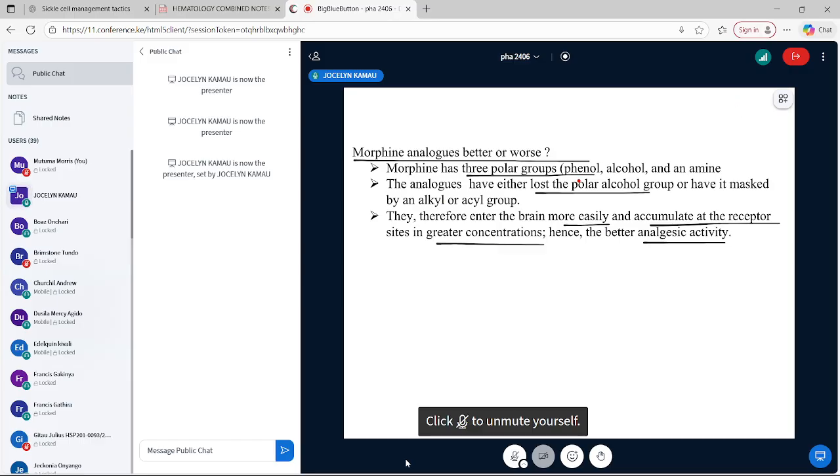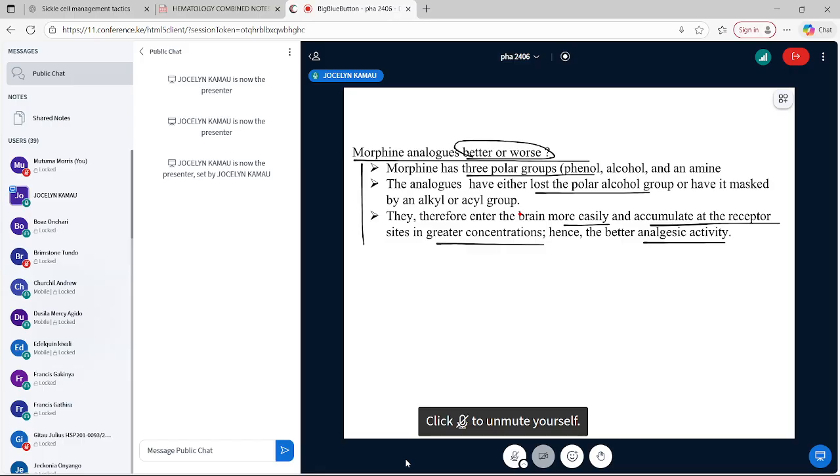Some of the analogs have the methyl group removed from the nitrogen. So indeed, whether the morphine analog is better or worse in terms of stronger analgesic activity is dependent on the structural modification. Although I have tabulated that, we can still say that once it has higher analgesic activity, remember it has also higher toxicity.